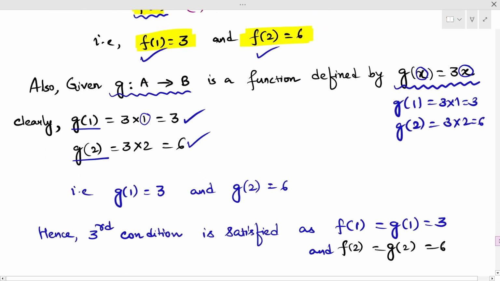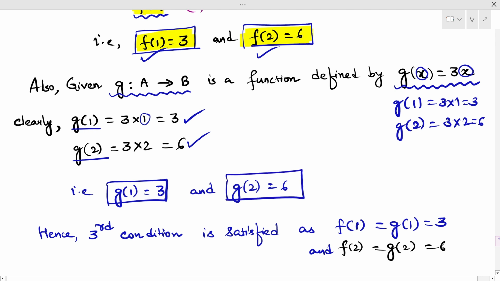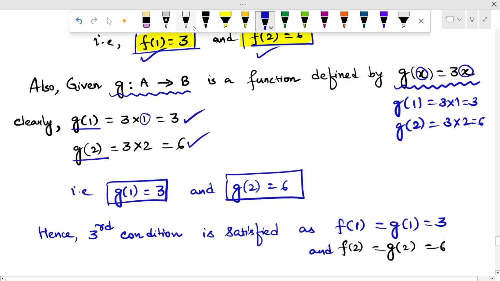Now you can see that the value of g(1) is 3 and g(2) is 6. And from here you can see that the value of f(1) is 3 and the value of g(1) is also 3, and the value of f(2) is 6 and the value of g(2) is also 6.